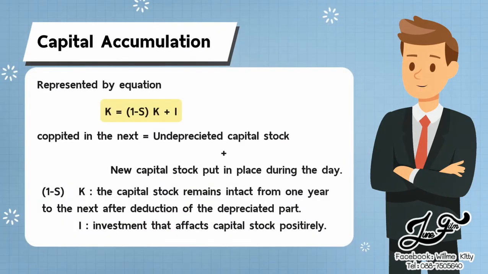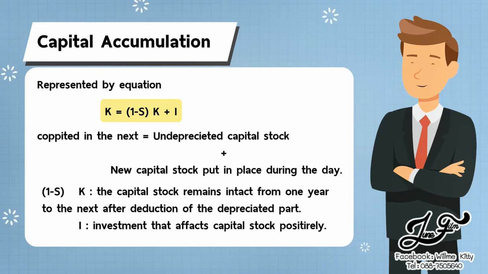We will first look at the equation. K prime equals (1 minus delta) times K plus I. The equation states that capital in the next period equals the undepreciated capital stock plus the new capital stock put in place during the period. We will look at each term closely.